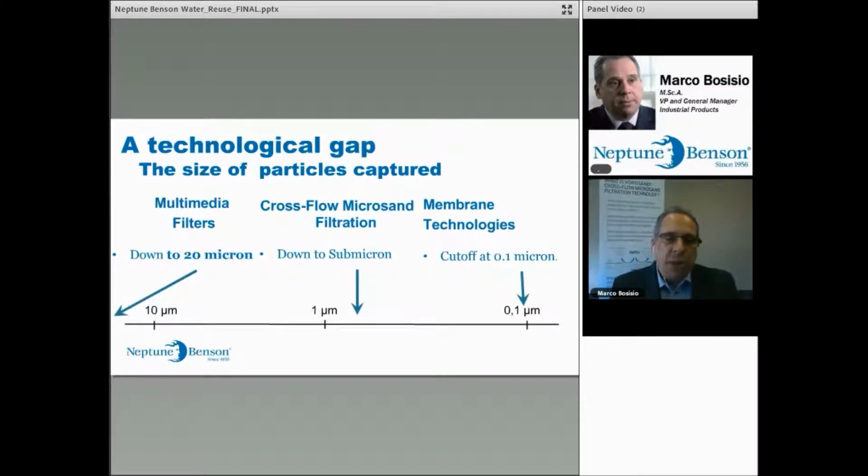The cutoff is always different depending on the type of solids we're facing, but it's quite a change from the typical multimedia or the media that are backwashable in the market. Of course, there are always cartridge filters that can protect equipment, but they are not seen as equipment that treats per se.